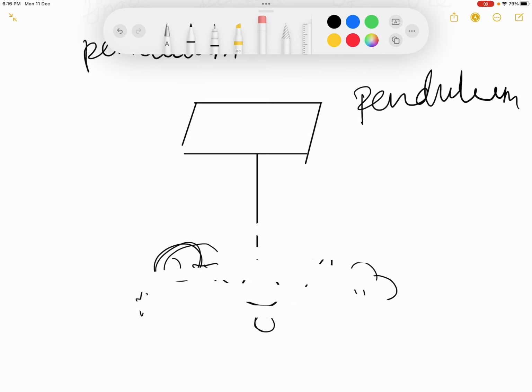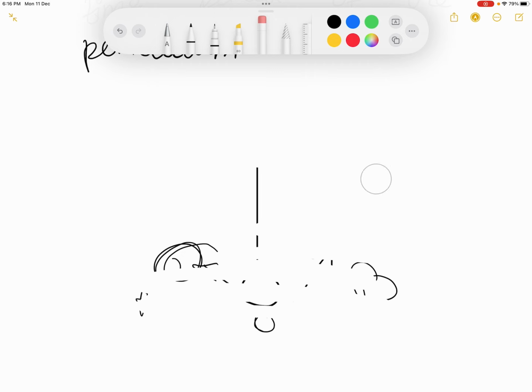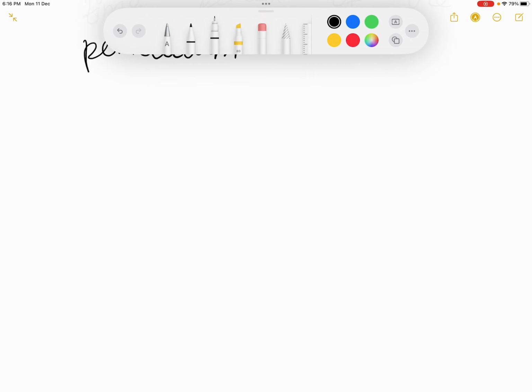Actually, I think this is a bit too messy. Look guys, it might take time, but we want to learn properly, don't we? So while making this pendulum, I'll explain.